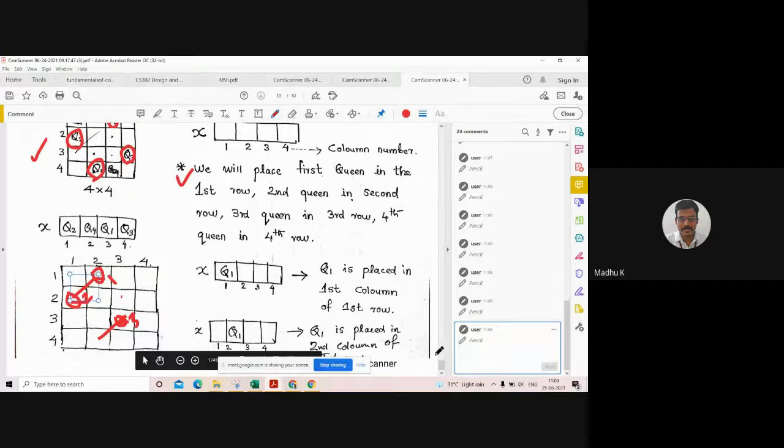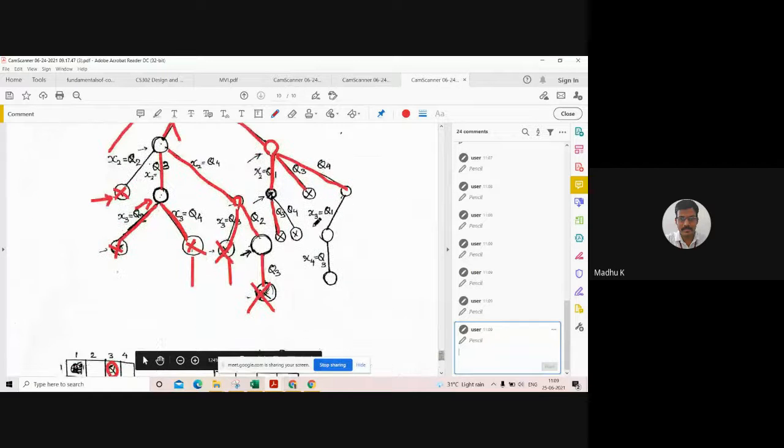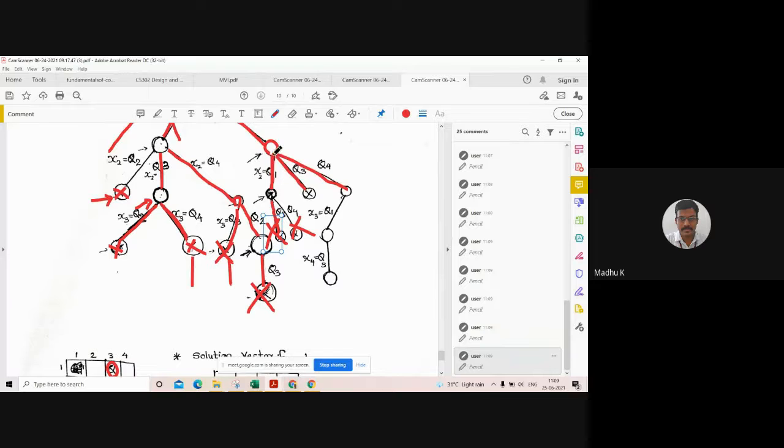So that path is not possible, so I will end that process here. Similarly, I will end here. Then I will go back and try Q3. This is also not possible. Then I will try Q4.